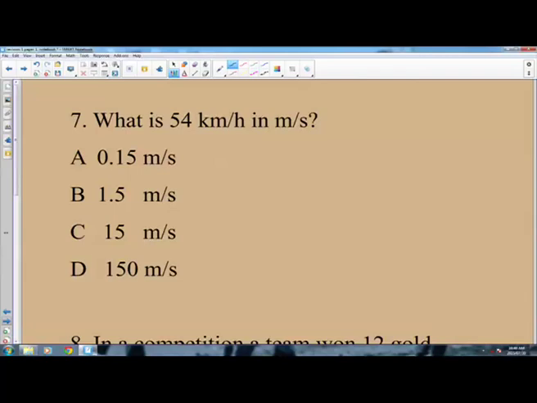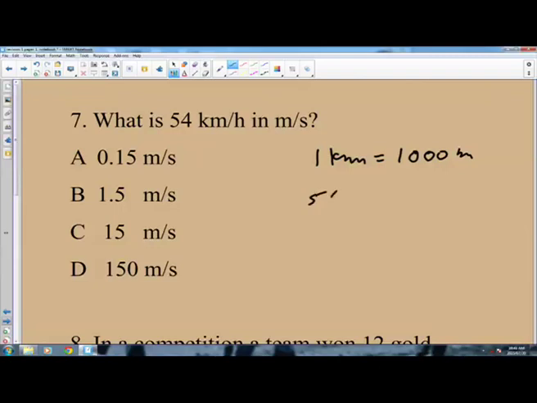We have to convert the 54 kilometers to meters, and to do that, the conversion factor is 1 kilometer equals 1000 meters. So we are going to multiply 54 by 1000.